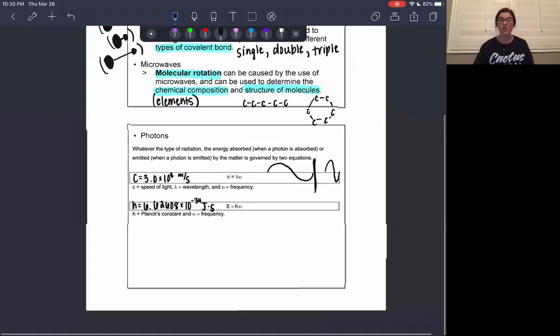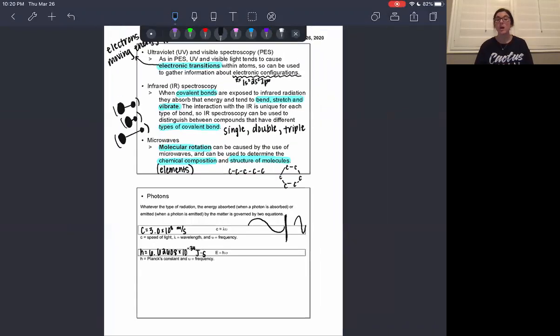So on the homework, be prepared to have to infer when you're going to have to use an equation or not. Usually if they're giving you numerical values having to do with wavelength or frequency, or they're asking you questions about energy, you're going to need these two equations.